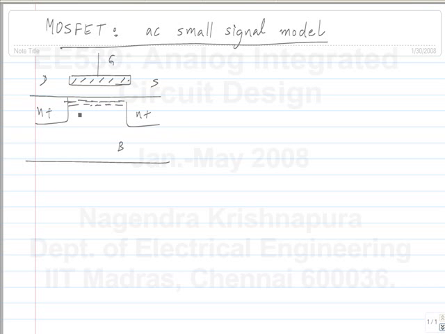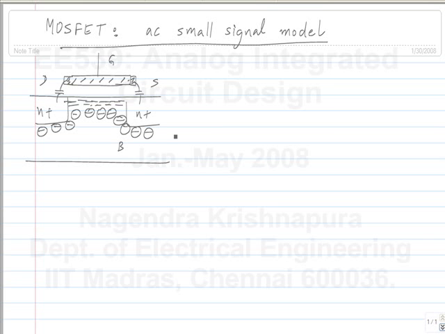In addition to this, we have a depletion layer everywhere where we have reverse bias junctions. So there is the capacitance of the junctions between the substrate and the source, and the substrate and the drain. Additionally, because the gate extends over the drain and source regions, there is an overlap capacitance between the gate and the drain and source regions.